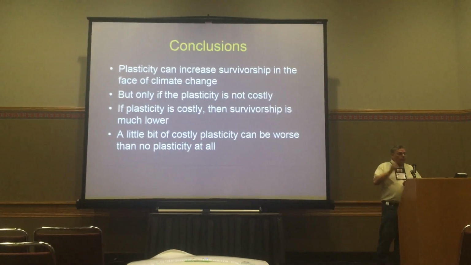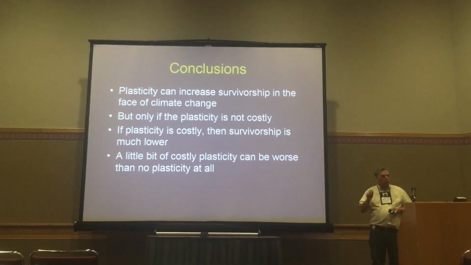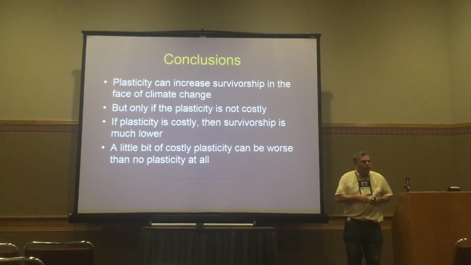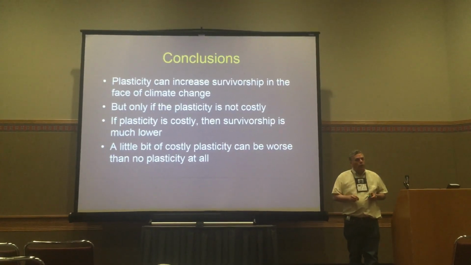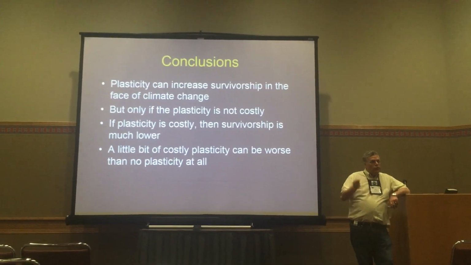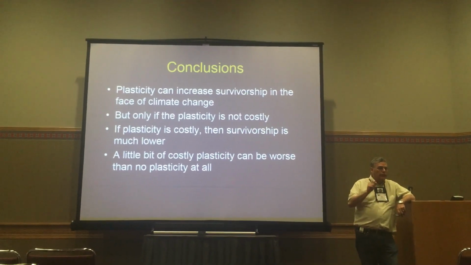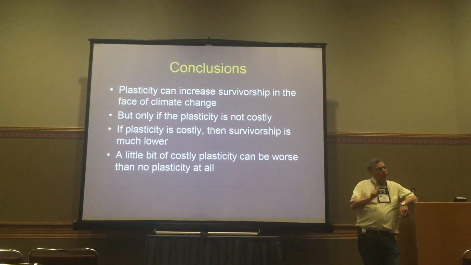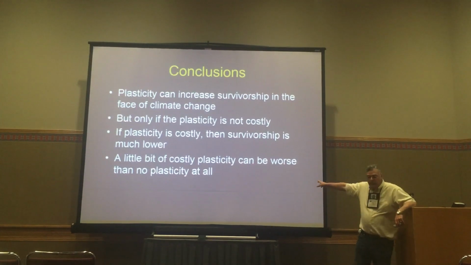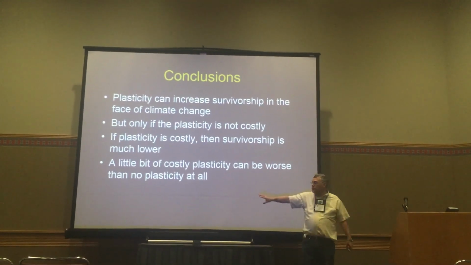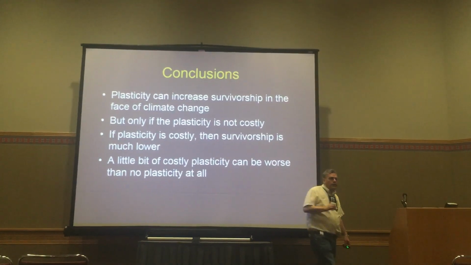And so a little bit of costly plasticity can be worse than no plasticity. Now, the one possible saving grace here is that so far, when people look for cost of plasticity in eukaryotes, there's very little evidence for that cost, so that may be a saving grace. But clearly, if we're concerned about this, that's something that we're going to need to measure.